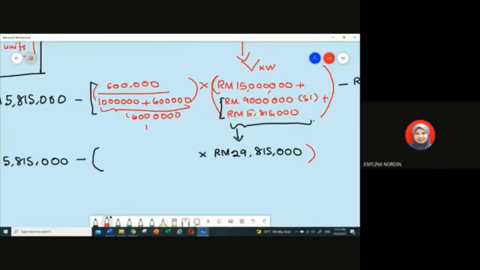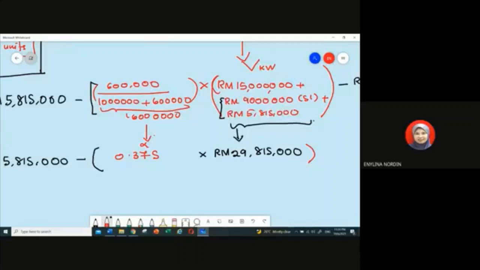And then for the value of alpha, 600,000 divided by 1,600,000, then you will get 0.375. So this is alpha.